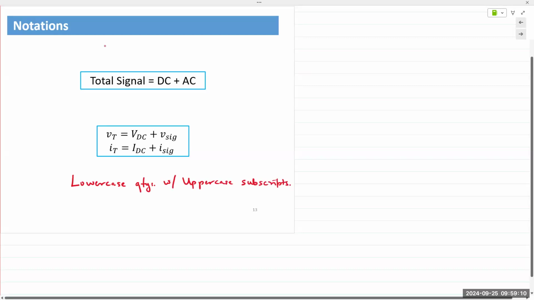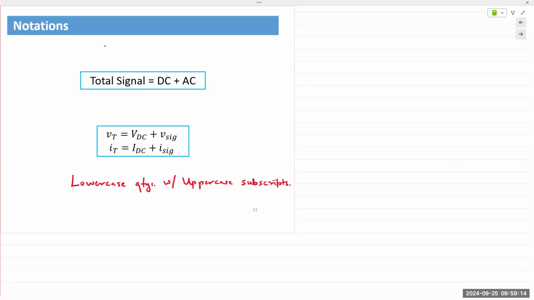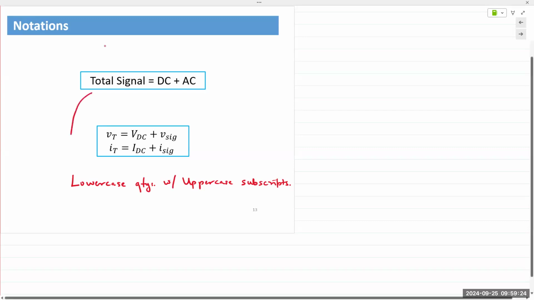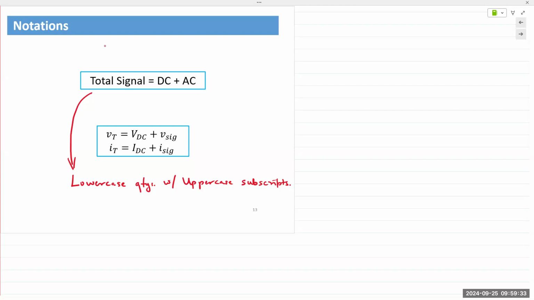We'll be dealing with both AC and DC voltages and currents, meaning AC and DC signals in our electronic devices. So we use notations to refer to what is AC and what is DC. A total signal comprising both AC and DC voltages would have representation using lowercase letters, and the subscripts would be uppercase, mixed.